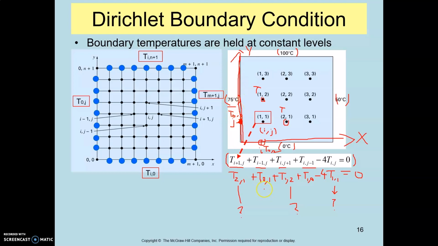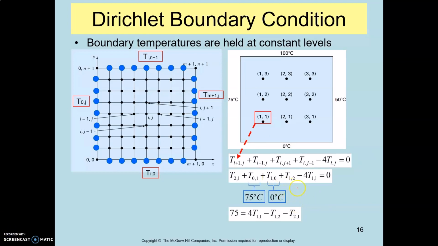So we can tell the T01 here is 75. And T10 is here. So this is T10. Same at this point, it will be 0 degrees Celsius. So once you substitute all the details inside the equation, you should obtain the first equation.